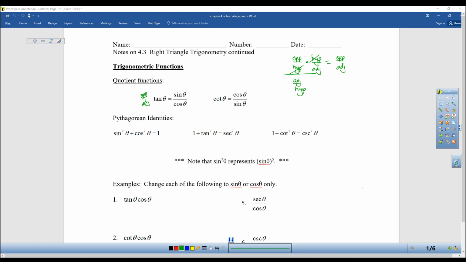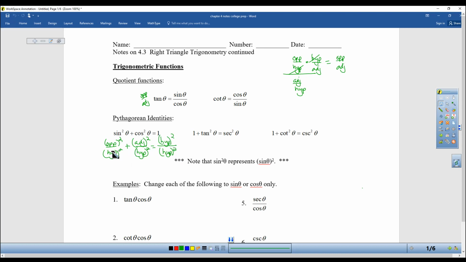These next three are called Pythagorean identities. Again, I'm just going to prove the first one. Sine is opposite over hypotenuse, squared in this case because we're squaring it. Cosine is adjacent over hypotenuse, squared. To give this a common denominator, I'm going to make this one also hypotenuse squared over hypotenuse squared, which is 1.